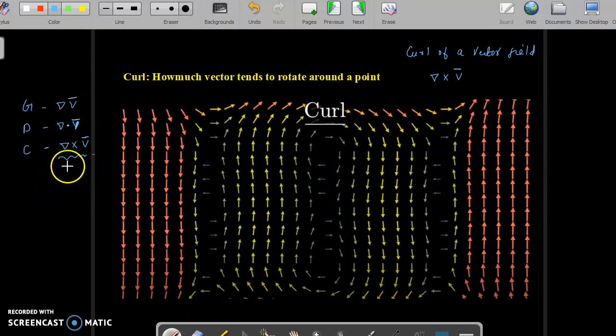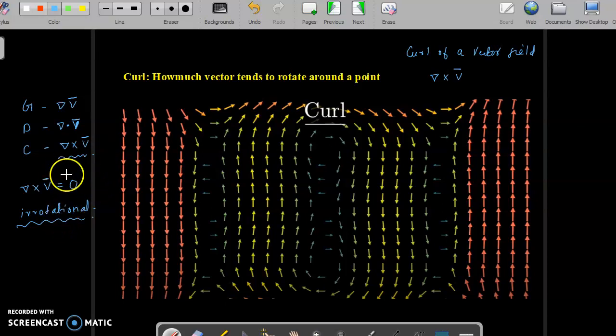So you will get a clear idea about del cross V. If the curl of a vector field equals 0, it means that the vector field is irrotational. The vector field is not rotating at any point.